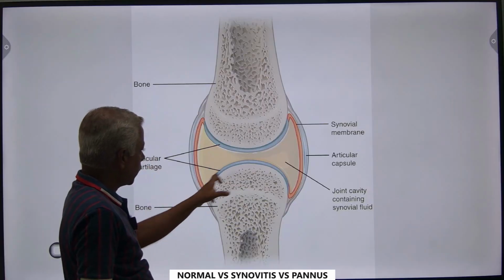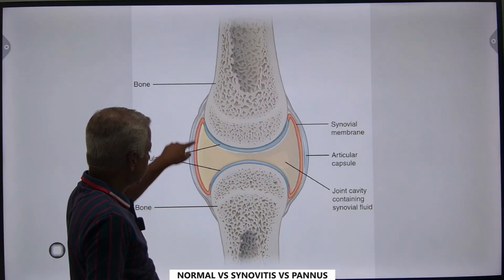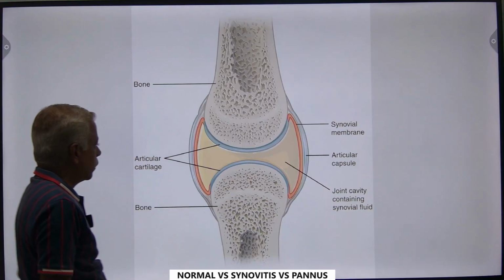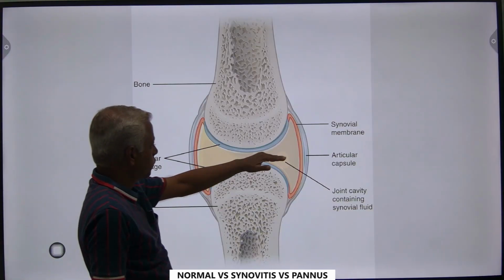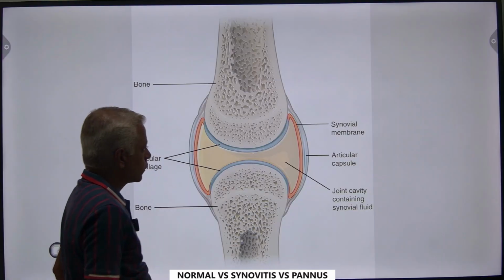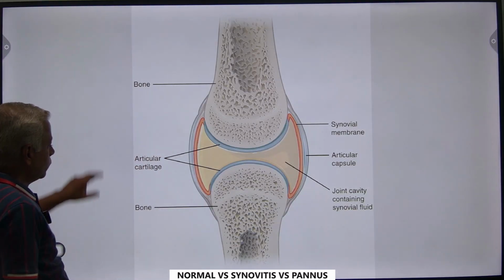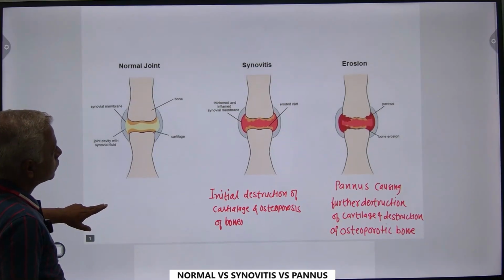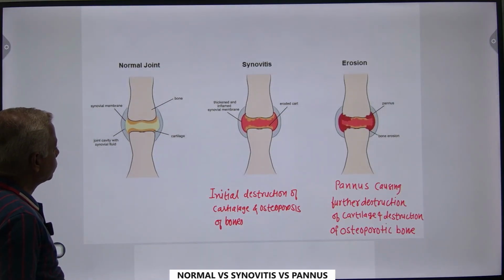So, here we have an articular cartilage, and in red we have a synovial membrane, and this is the joint space, which is filled with the synovial fluid. Then here we have one more diagram.